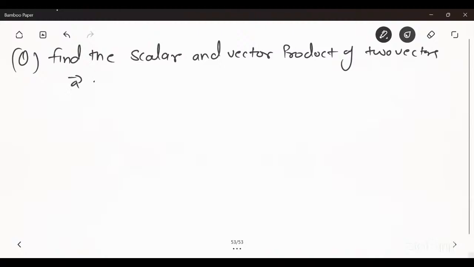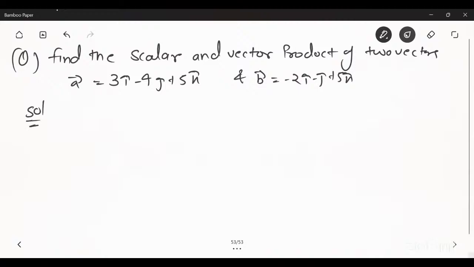A vector is 3i cap minus 4j cap plus 5k cap, and B vector is minus 2i minus j plus 5k cap.